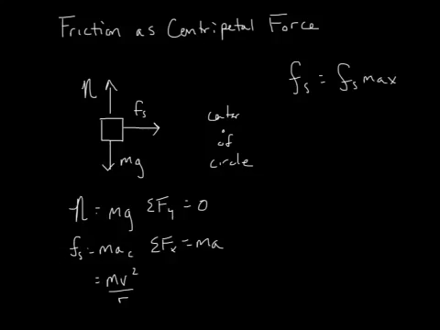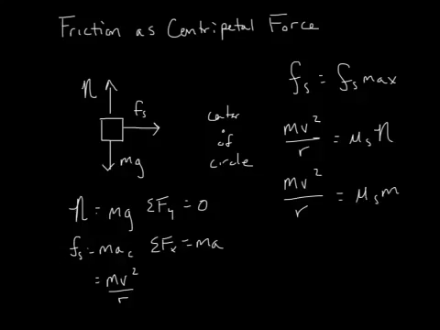And if Fs is the Fs max, then mv squared over r would have to equal mu s times N. Alright, but we already said earlier that N equals mg, so we can say then that mv squared over r equals mu s mg.